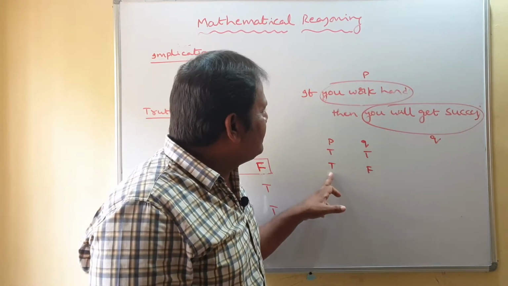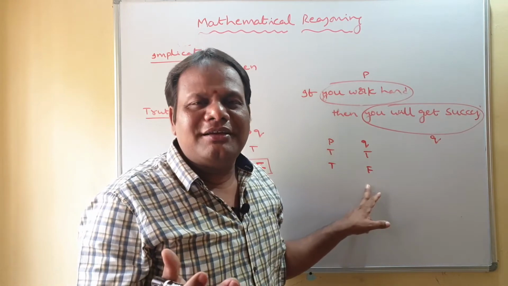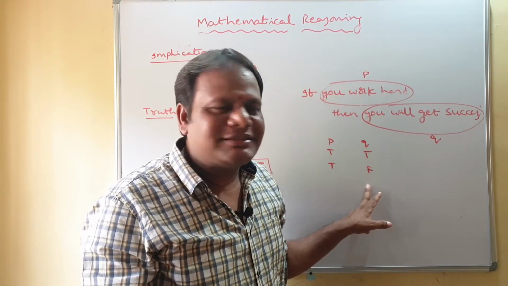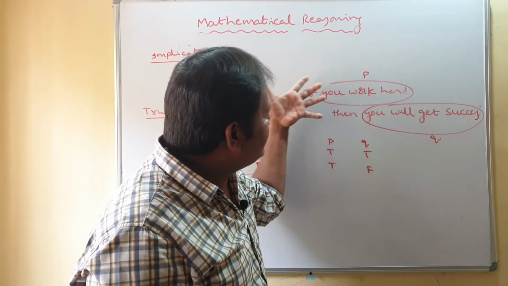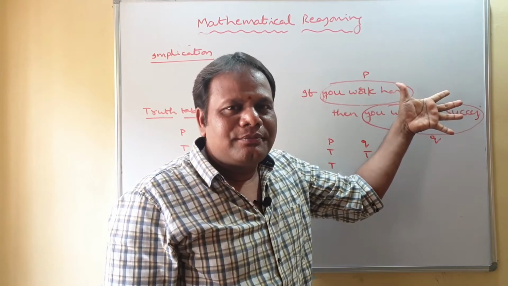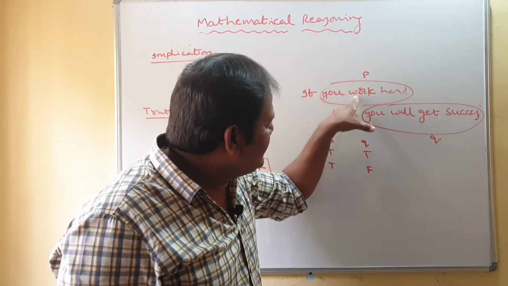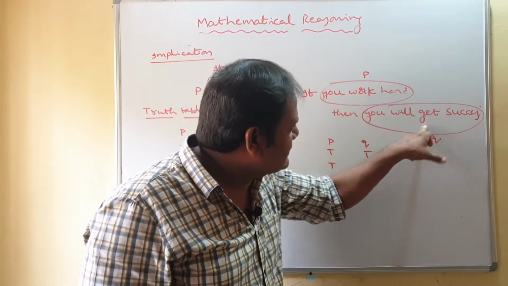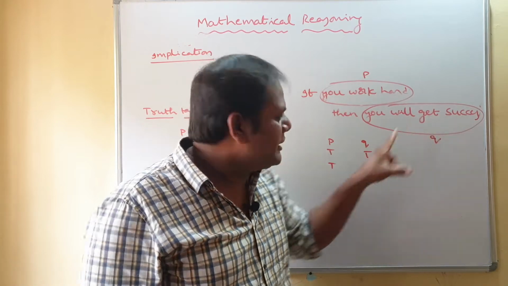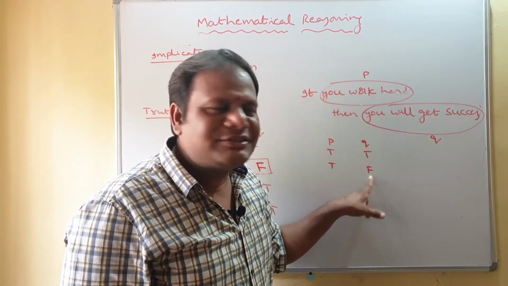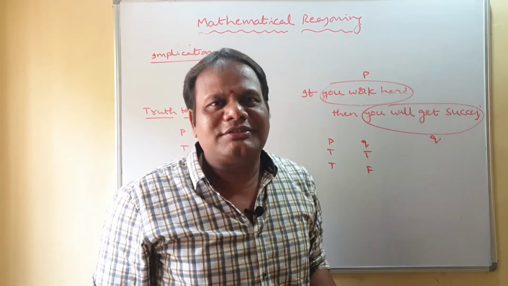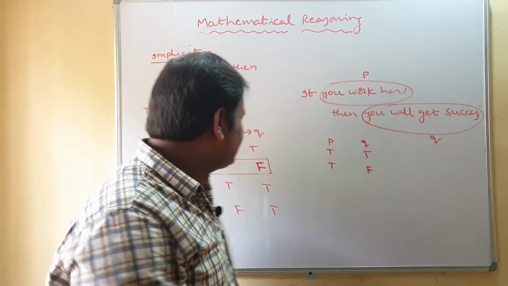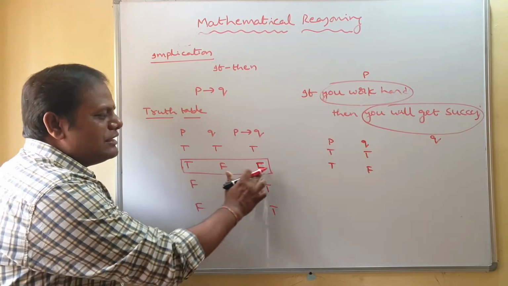But here he works hard, but he doesn't get success. This statement gives the meaning that if this happens, then necessarily it happens. But here it has not happened. So is the compound statement true or false? It is false.